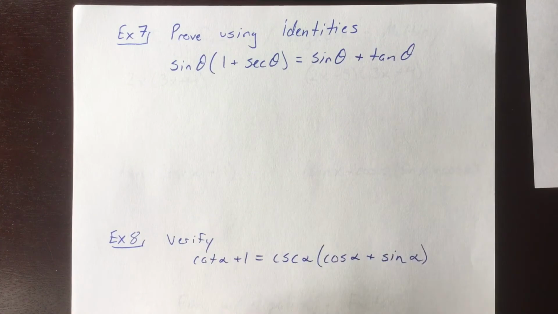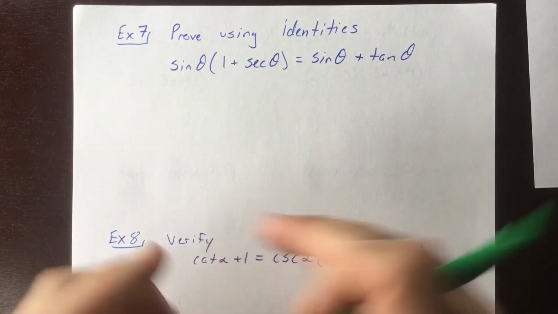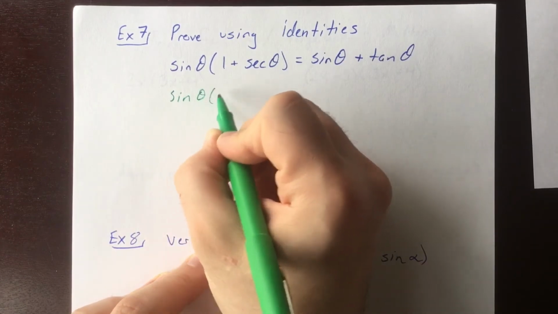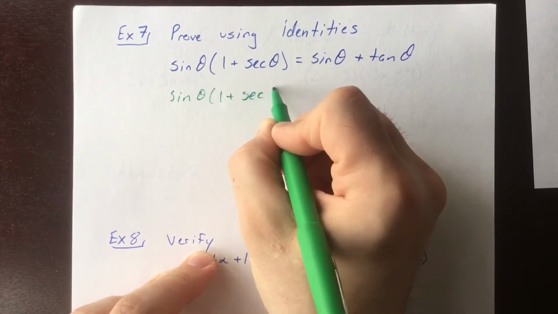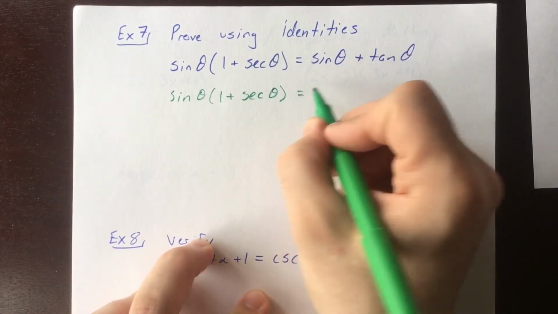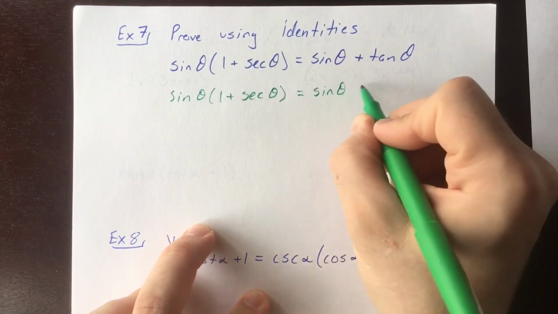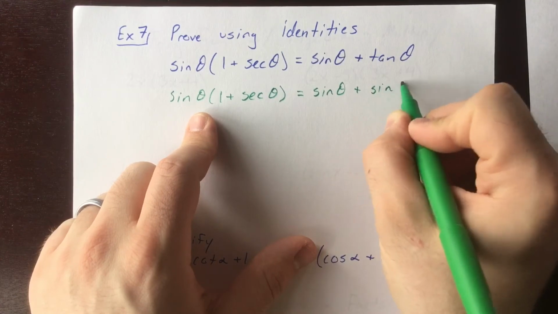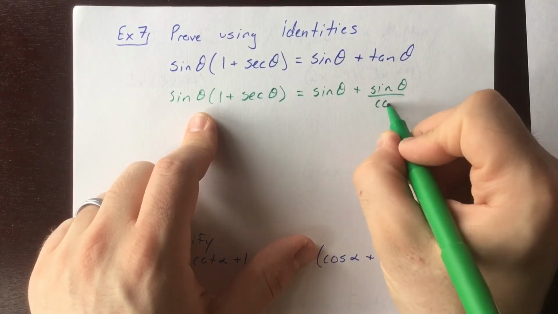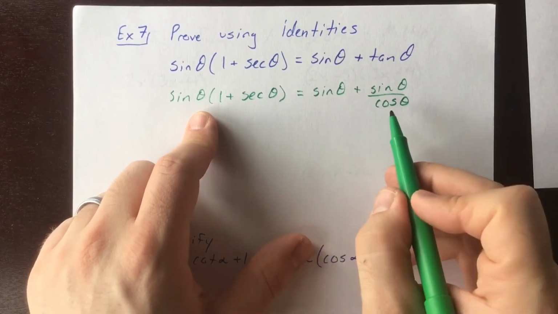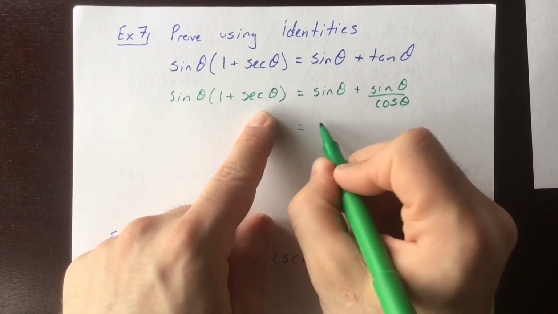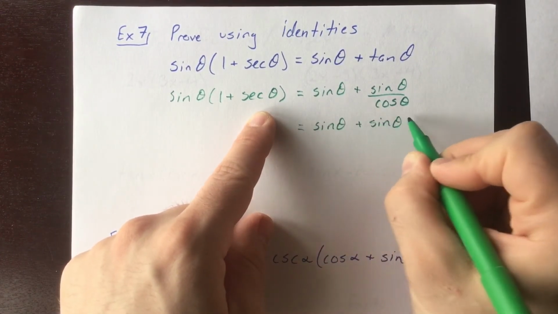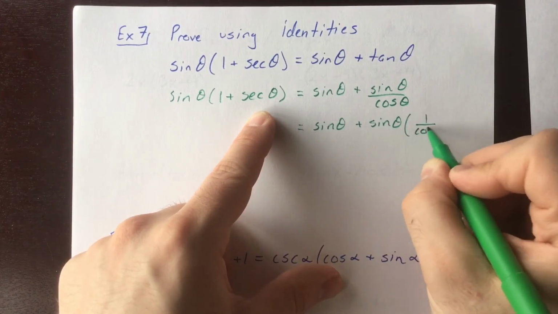Again, you could tackle the left side if you want to. So we're trying to show that the right side simplifies to this. Okay, so sine of theta. Tangent of theta is sine of theta over cosine of theta. Now watch this. So sine of theta plus sine of theta times 1 over cosine of theta.